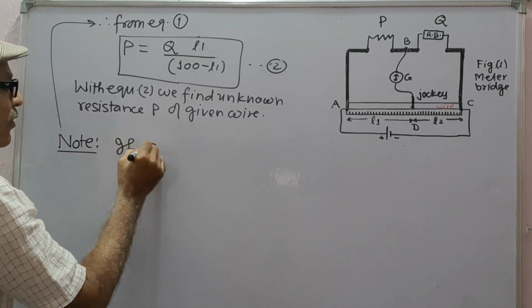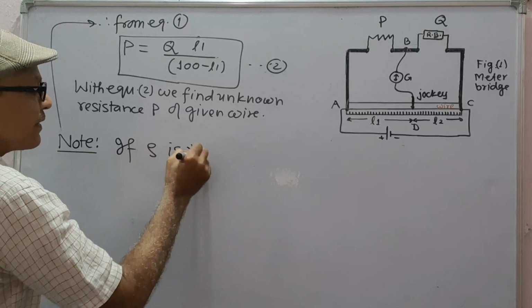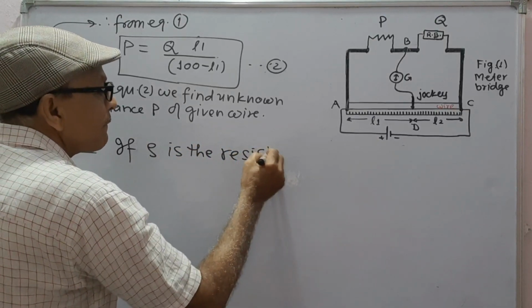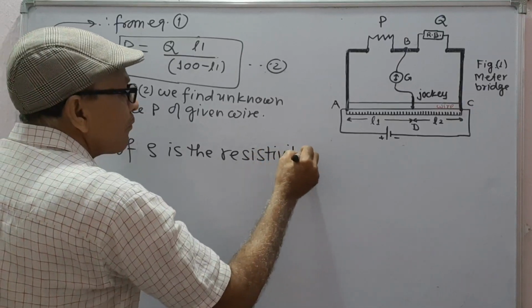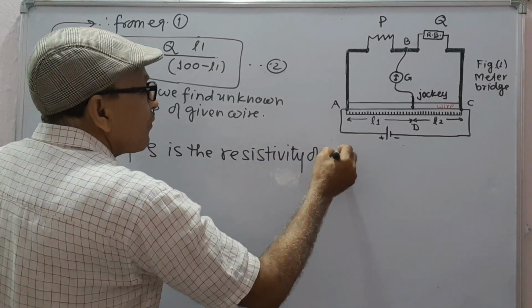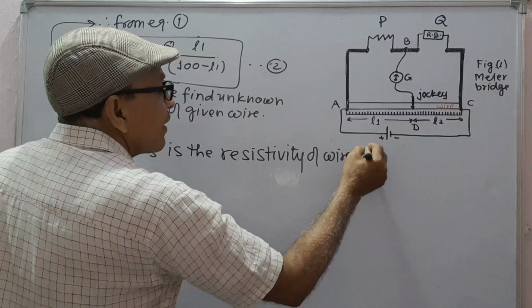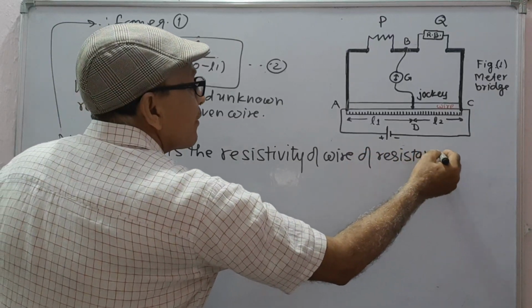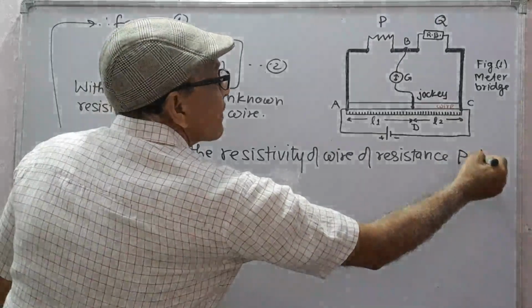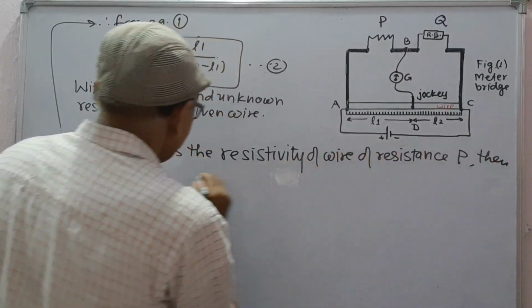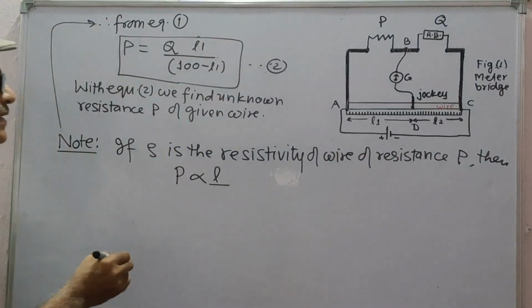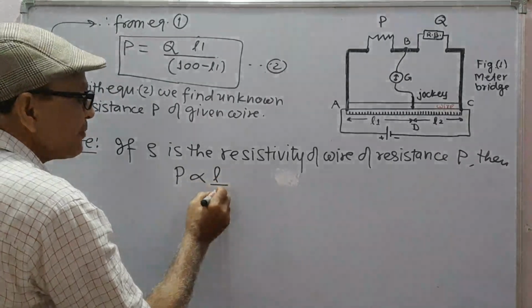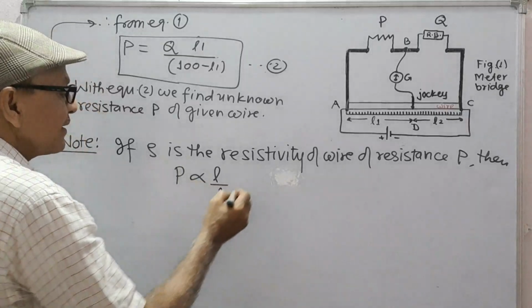If rho is the resistivity of the wire of resistance P, then resistance is directly proportional to its length and inversely proportional to cross section area.